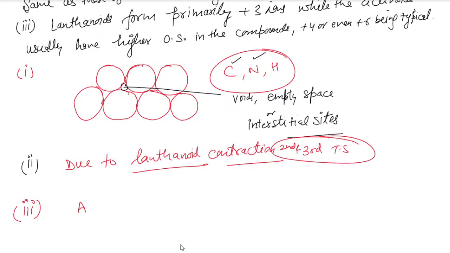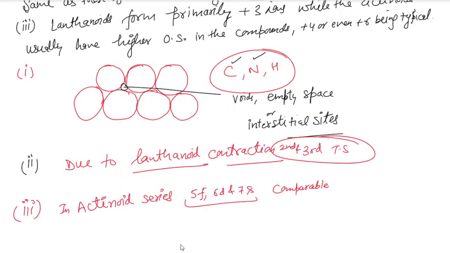Because in the actinoid series, 5f, 6d and 7s orbitals have comparable energies, and that's why electrons in these orbitals can take part in bond formation to show higher oxidation states.